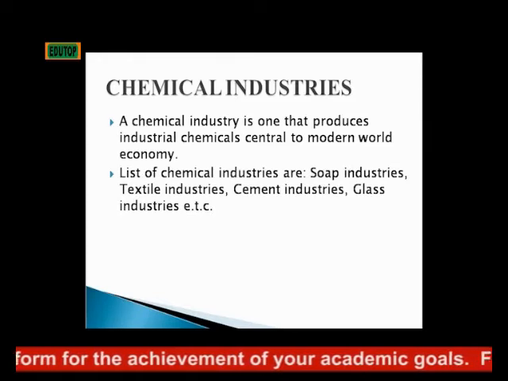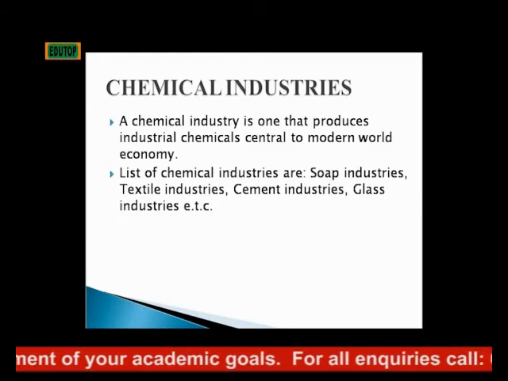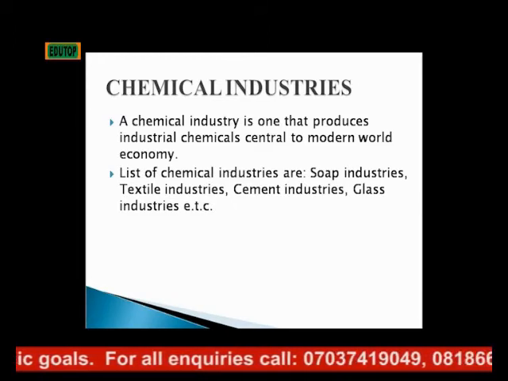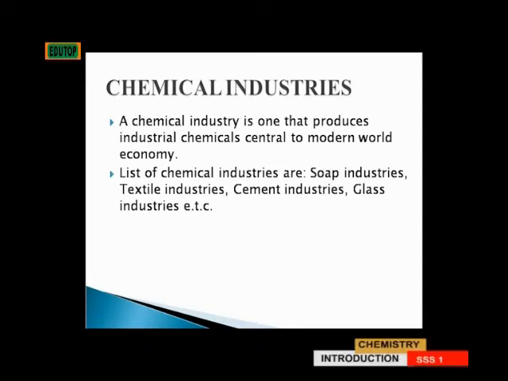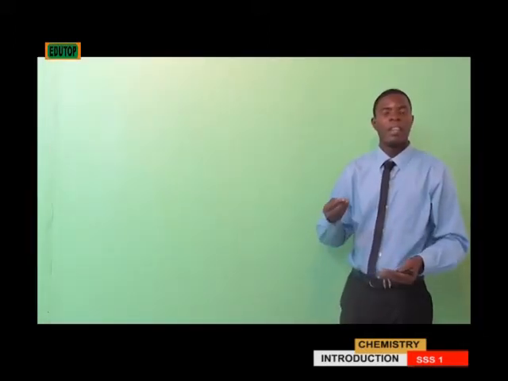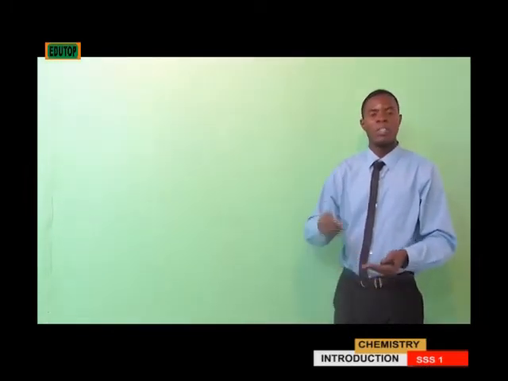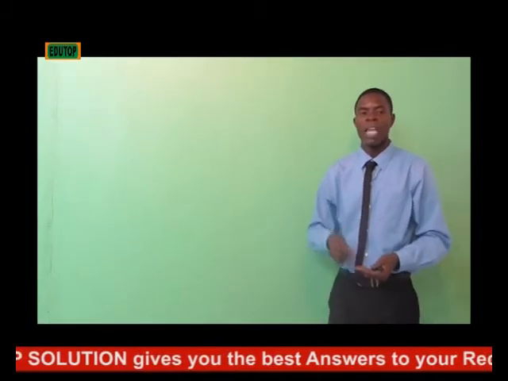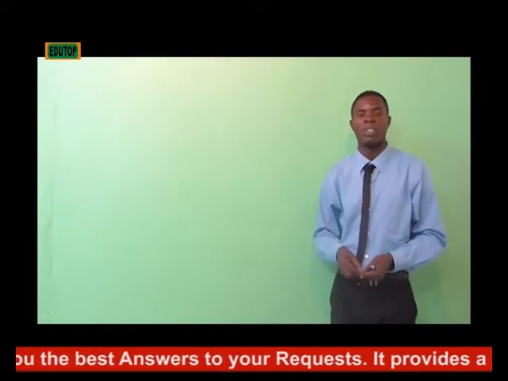Then we have a list of chemical industries. The first one is the soap industries. In the soap industries, where they manufacture soap, the primary ingredient is esters, which you combine with sodium hydroxide, which is another chemical that we are able to manufacture with the help of chemical industry.